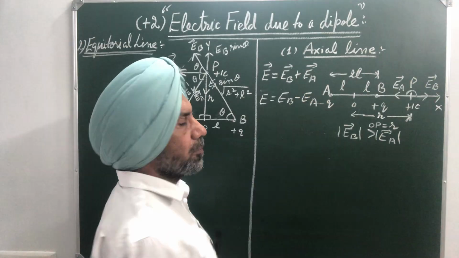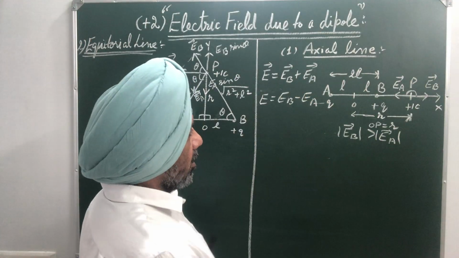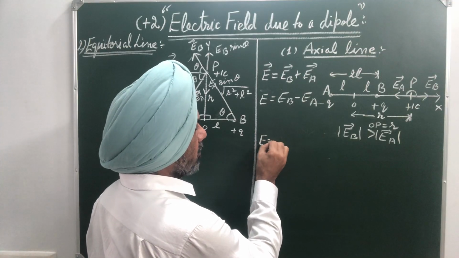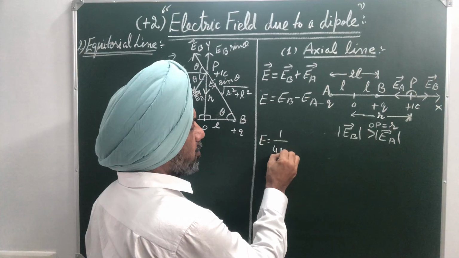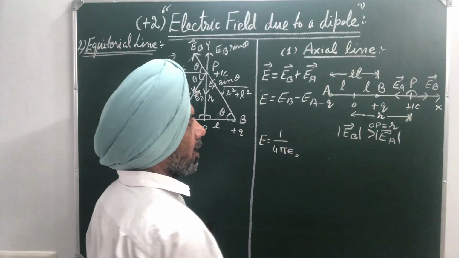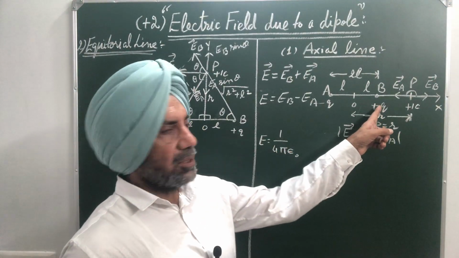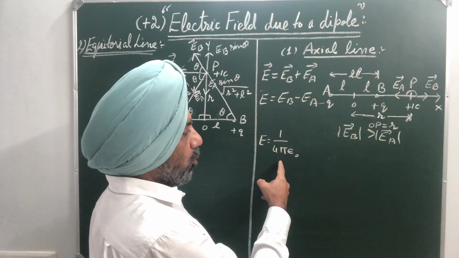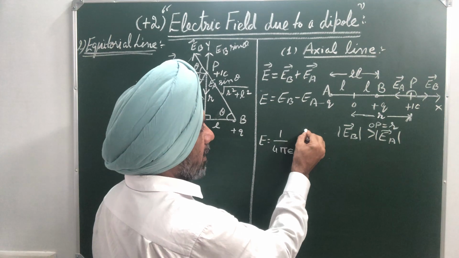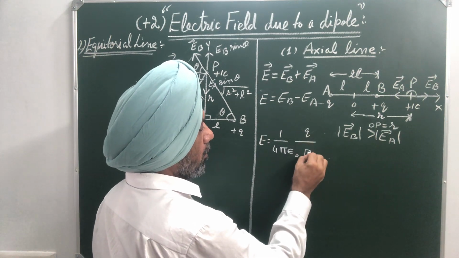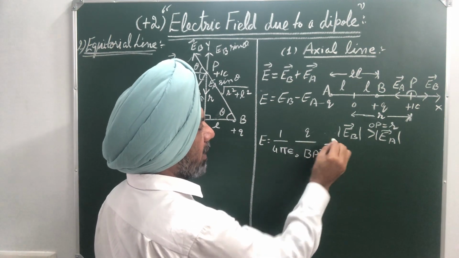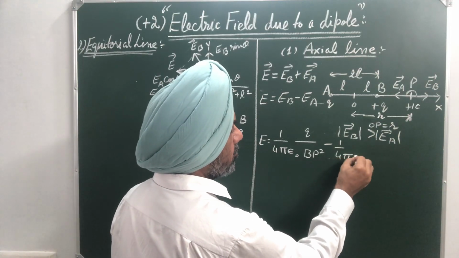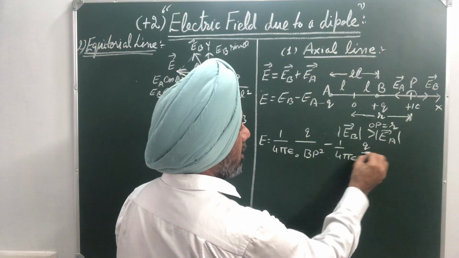So E is equal to 1 upon 4 pi epsilon naught times q upon BP square, minus 1 upon 4 pi epsilon naught times q upon AP square.